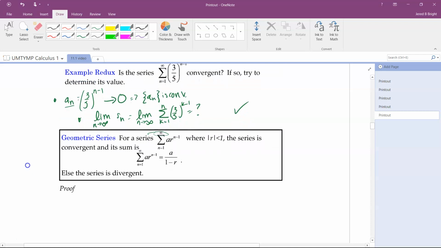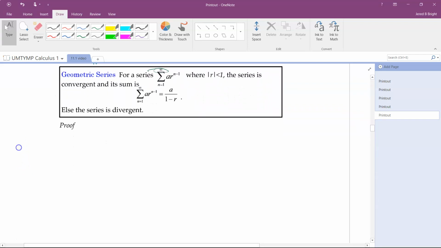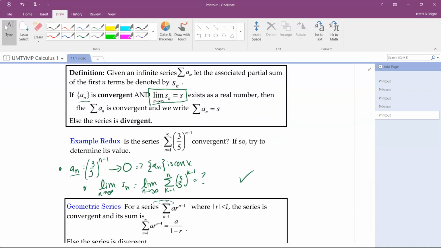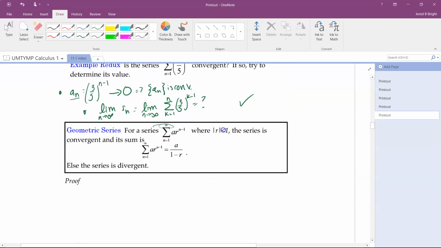Okay, so this next part is going to be a proof. The series is convergent and we want to find its sum. To prove this, I'm going to use that above definition. For a convergent series, I need the sequence to be convergent and I need the limit of the partial sums to be finite.